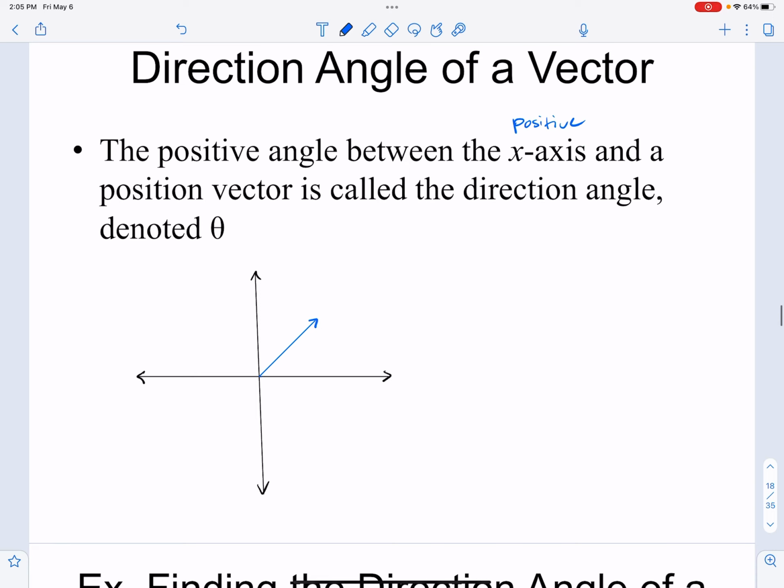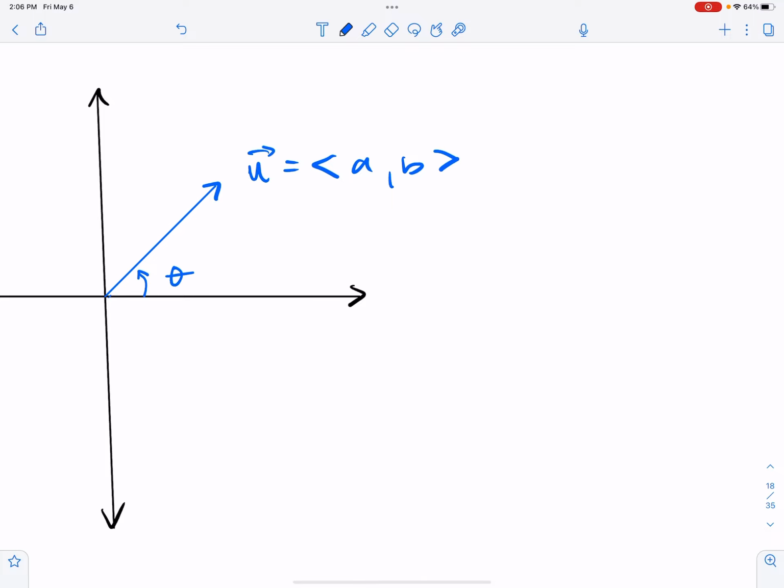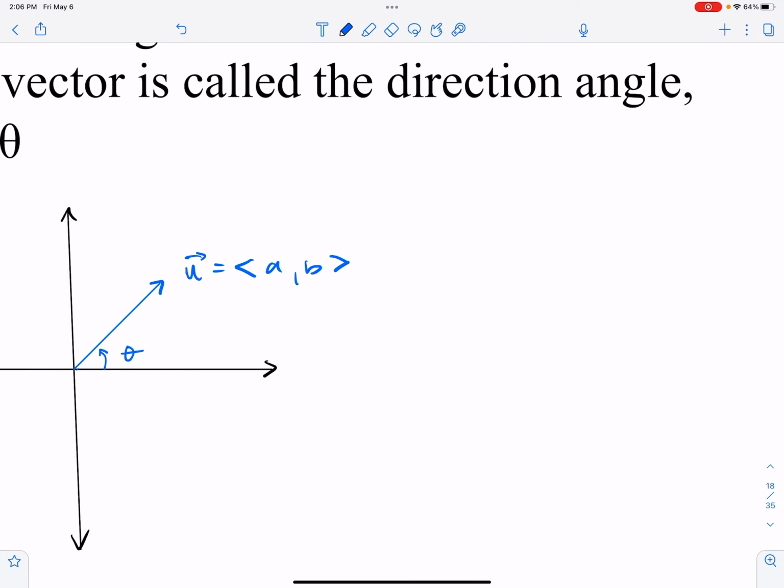Let's say that this is vector u in standard position, represented as ⟨A, B⟩. This would be the direction angle theta, and the relationship between the horizontal and vertical components and theta can be described using tangent, right? Tangent of theta would be equal to B over A.